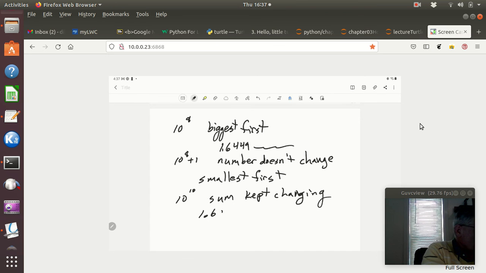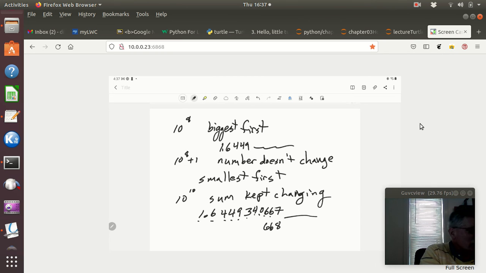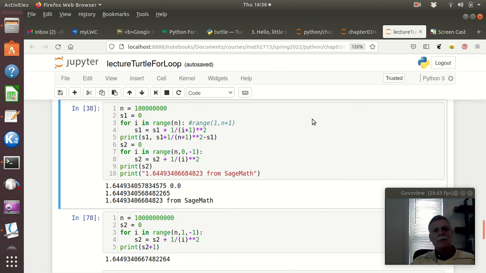how many digits? 10 digits? 1, 2, 3, 4, 6, 7, 8, 9, 10. So yeah, it agreed to 10 digits, was off by 1 in the 11th digit. So it was doing quite well, and like I say, it kept changing, and so that's a much better solution than if you had added biggest to smallest.